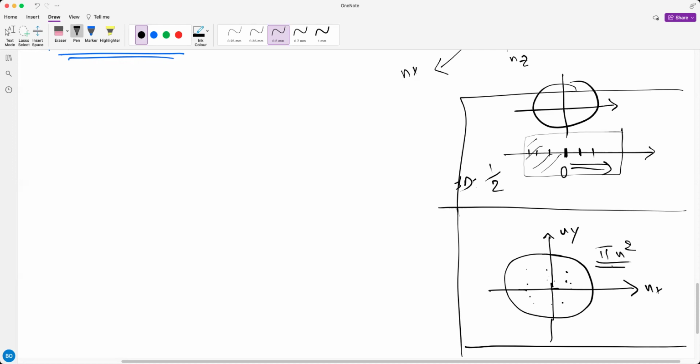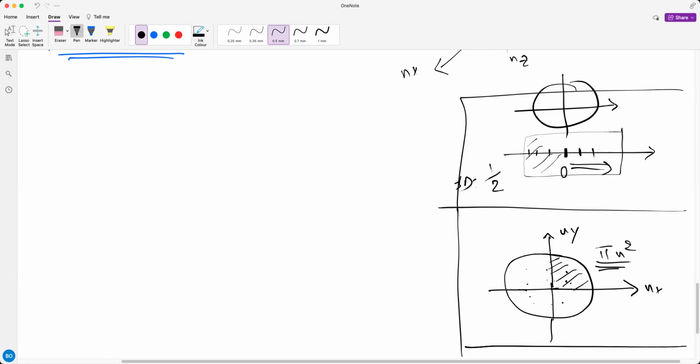Once I calculate the density of states of all this area, by how much should I divide the final expression to account only for the positive values of nx and ny?